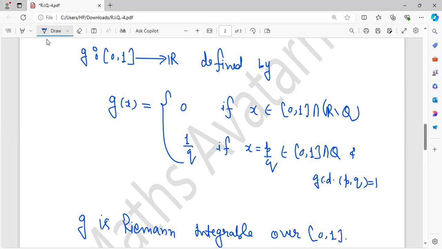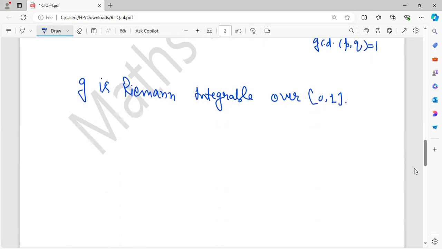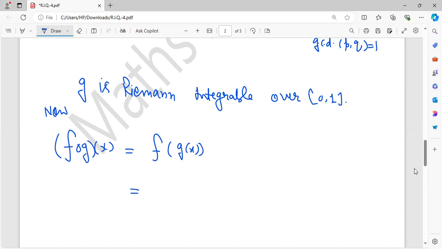Now what is f composed g? F composed g function is nothing but f of g of x. Okay.